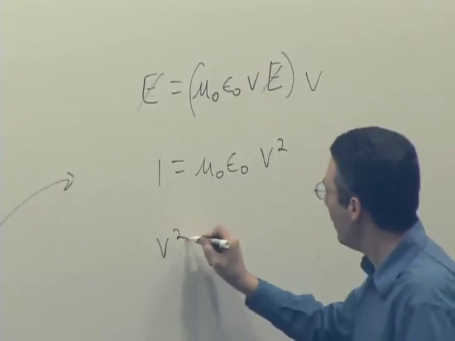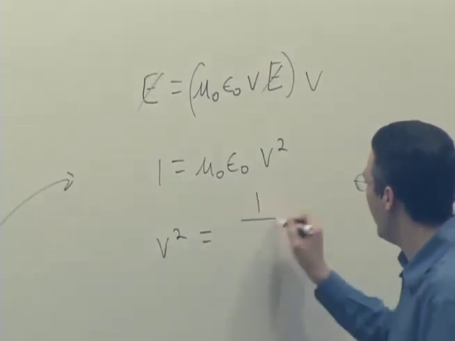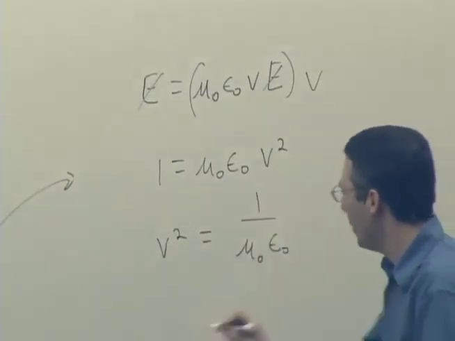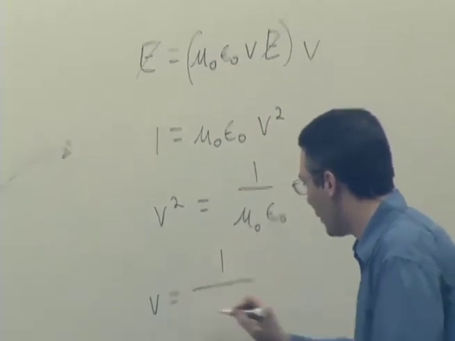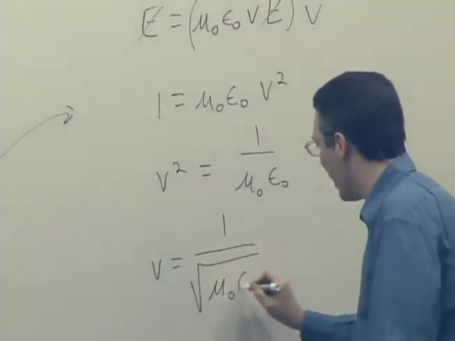V squared is then equal to 1 over mu naught epsilon naught, where V is equal to 1 over the square root of mu naught epsilon naught.